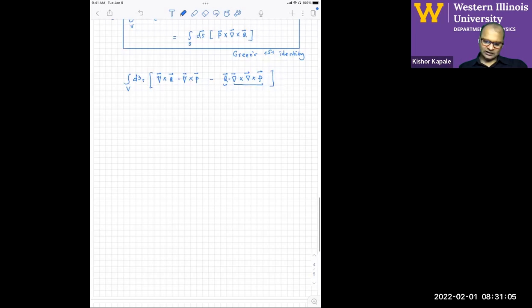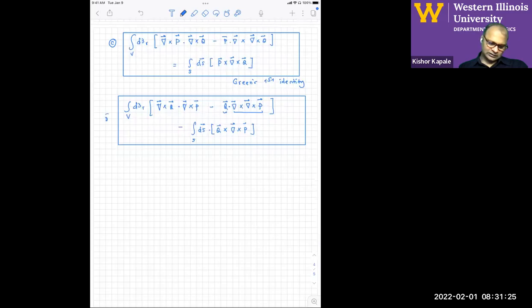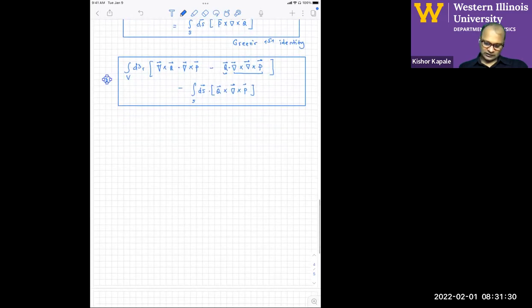Okay, I'm writing this quickly, but it's straightforward. There is nothing new here. And Q crossed with curl of P. Right, so just interchanging the order of the two. Let's call this D. So now we have the two functions.